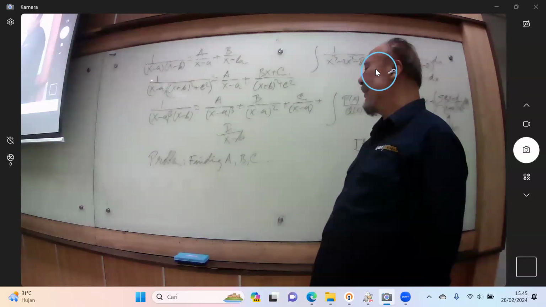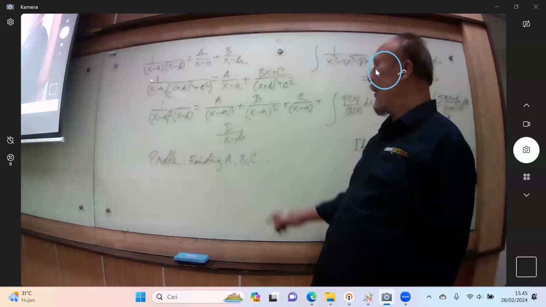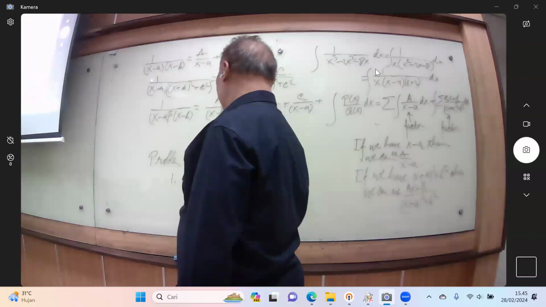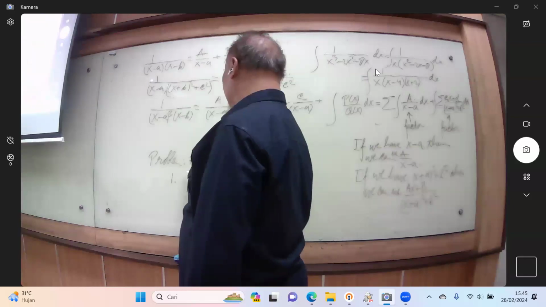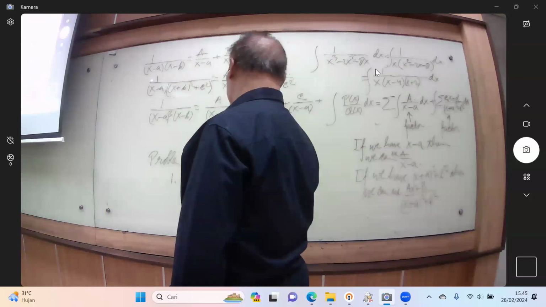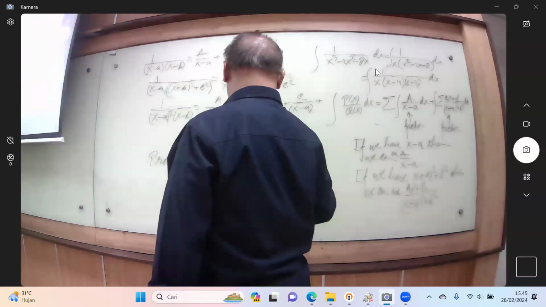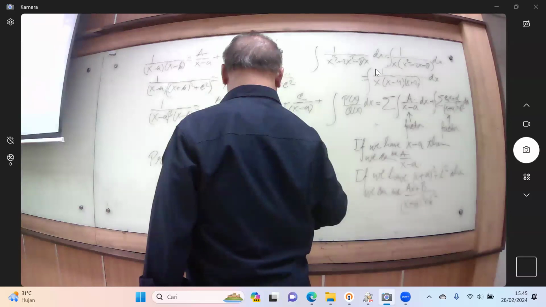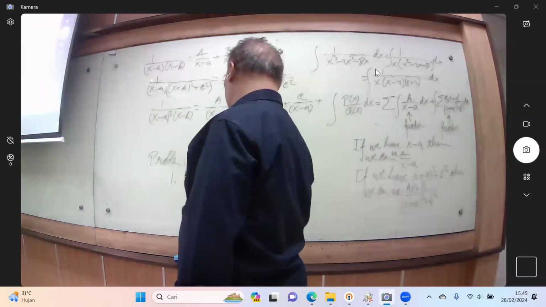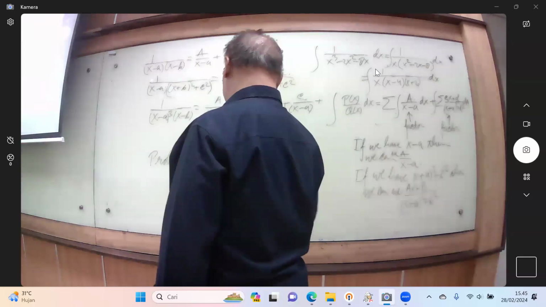The idea is we equalize the denominator to the same as the original function.